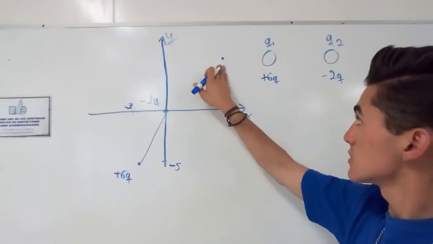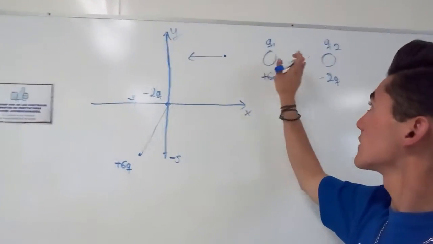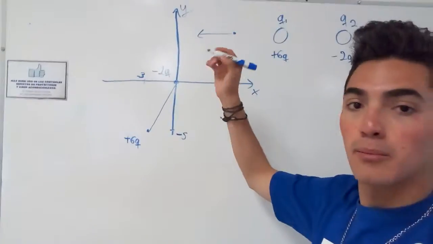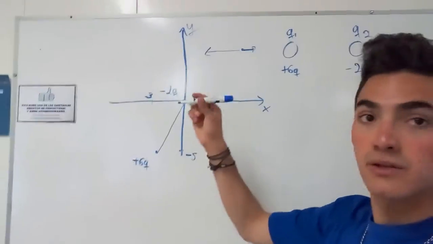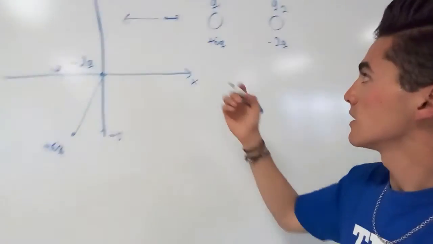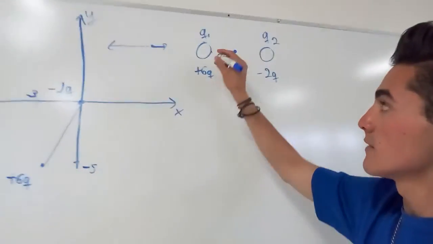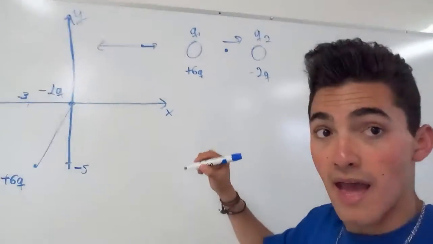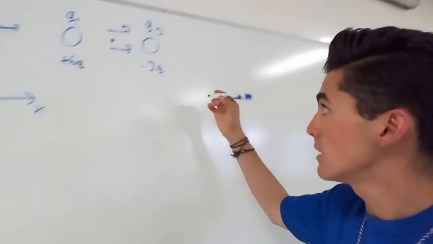If we put a charge here, this one will push, and this other one will pull, but will be smaller. So the difference will not be equal to 0. If we put it here, this one will push, and this one will pull, so it won't be equal to 0.